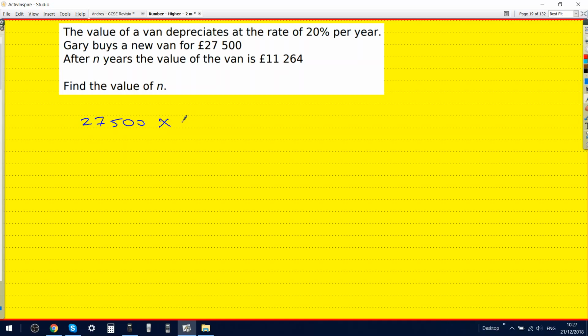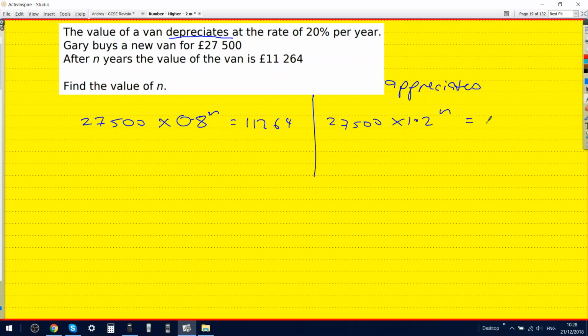I don't want to do like the same mistake again. Is it like times 0.8 to the power of something to get to 11,264? Correct. That's because it depreciates. What if it appreciates? What would you do? 27,500 times 1.2 to the n. Yes, and that equals whatever.